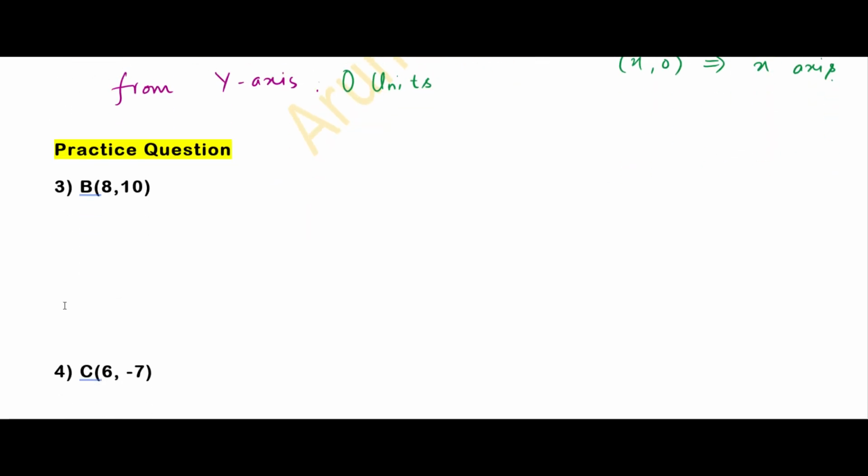There are a few practice questions for you. Find out the distance of the point B of 8 comma 10 from the x-axis and y-axis. Another question, point C of 6 comma minus 7 from the x-axis and y-axis.